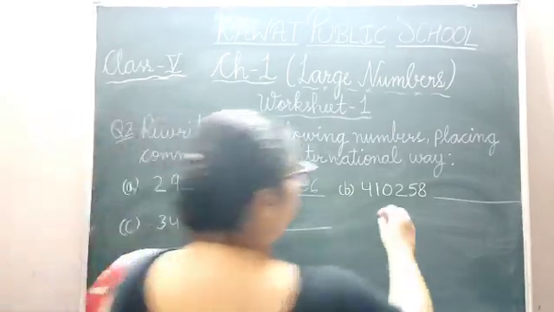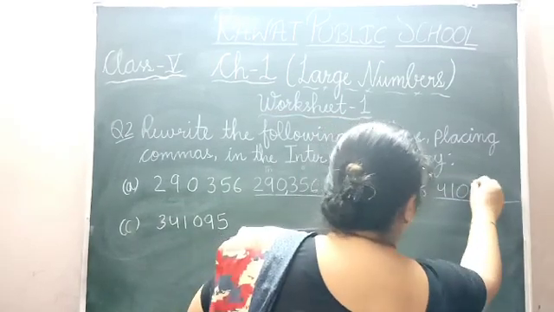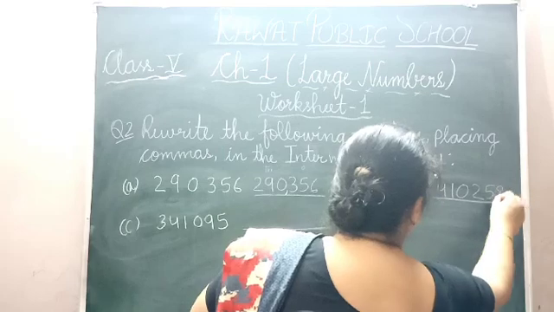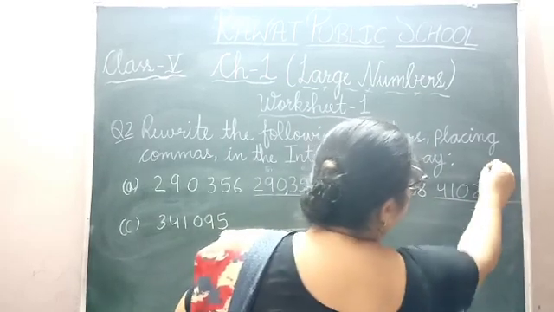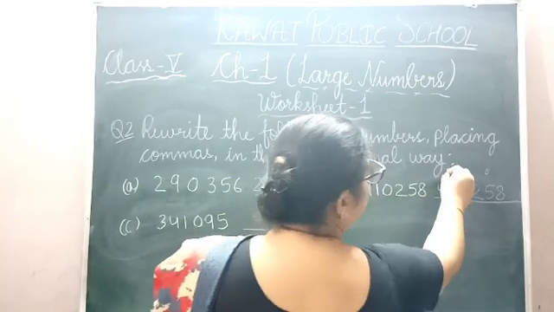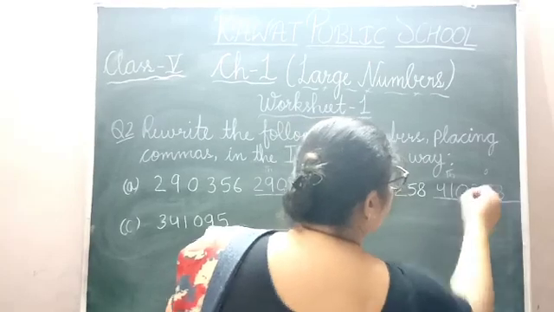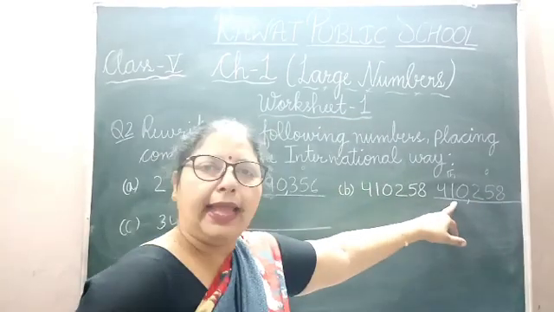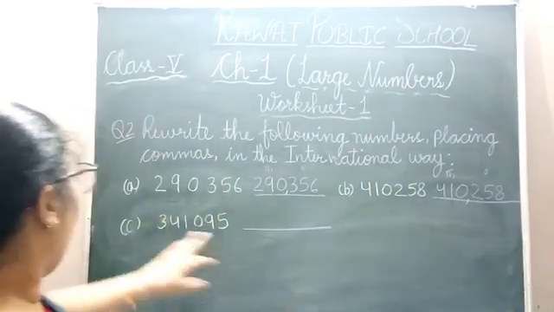Now second one B is 410258. So again ones, tens, 100 is ones period, and 1000, 10,000 and 100,000 is 1000 period. So we will read 410,258.